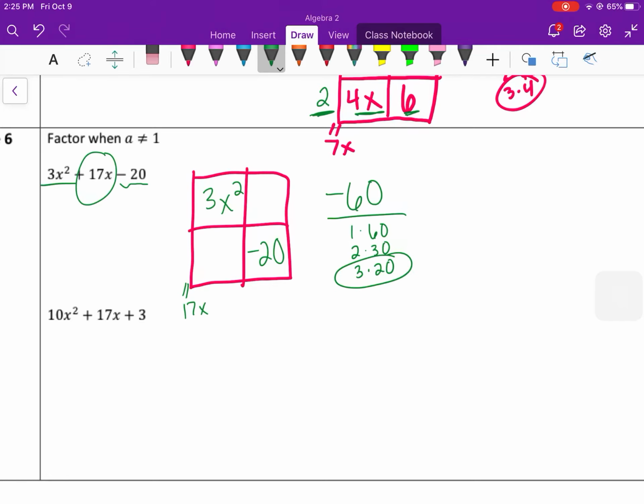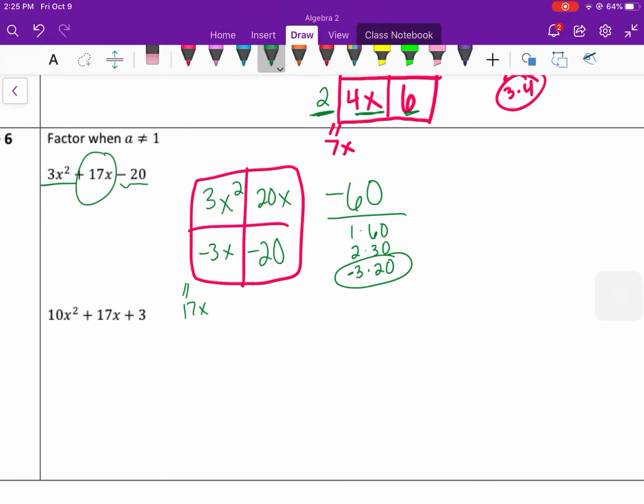That one works. It works if you make the 3 negative and leave the 20 positive, because 20 minus 3 is 17, which means you can put them in any spot here. So one is going to be negative 3x and one will be 20x. You could put those in the reverse spots though, like you could put the negative 3x down here and the 20x here. It doesn't matter as long as you wait till the end to fill out the outside of your box.